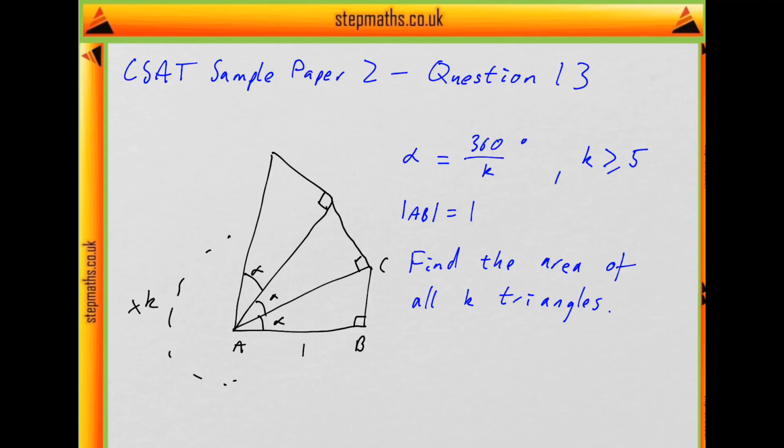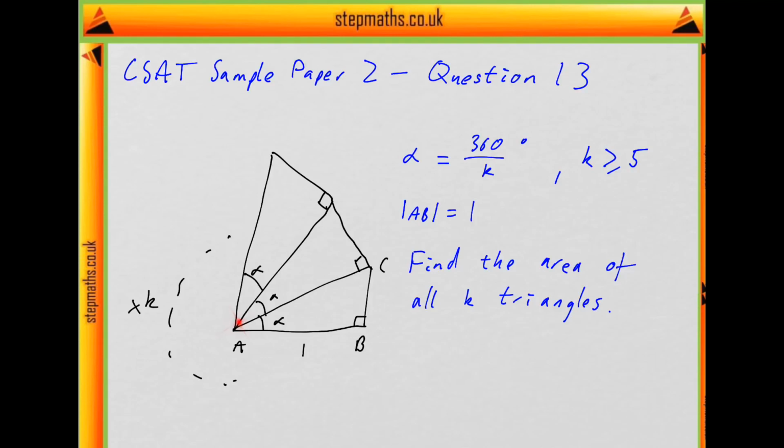Okay, so how are we going to approach this? Well, we said the triangles are similar, so that means if I can find the ratio between the lengths of one to the lengths of the next, then I can find the ratio of their areas, and hopefully I can add those all up.